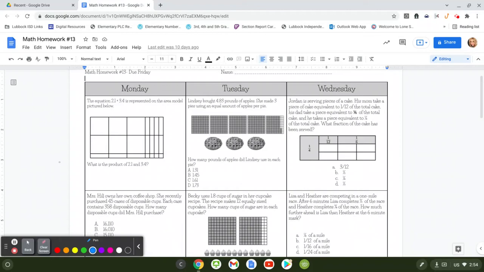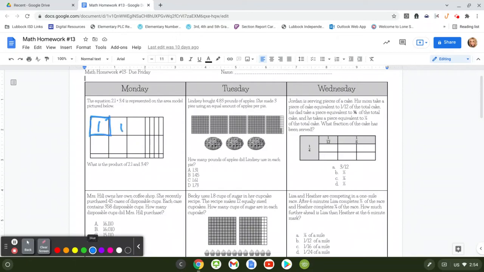It says the equation 2 and 1/10 times 3 and 4/10 is represented on the area model. And then it says, what's the product? So you could either make an area model, but look, you know that one of these squares is one whole.